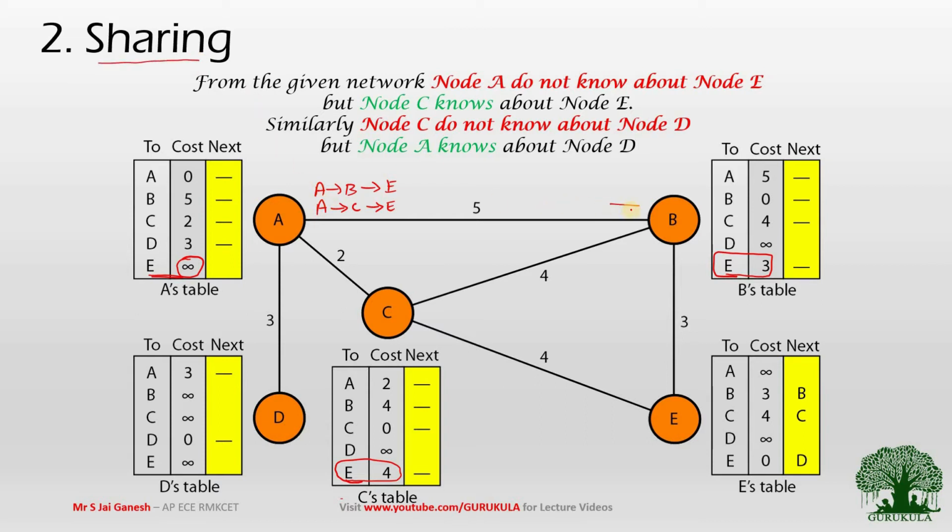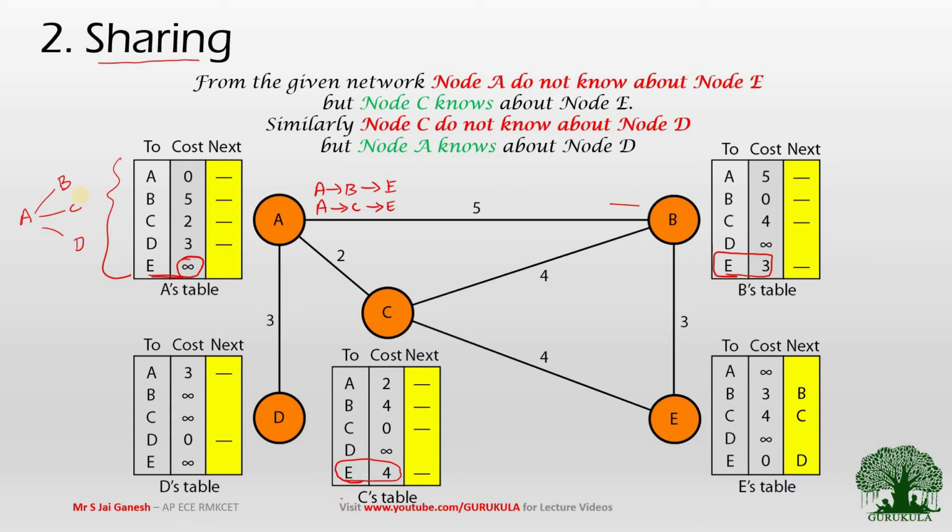So in the sharing stage, each and every node will exchange its initialization table with the neighboring nodes, meaning A will send its initialization table, and this is the initialization table of A, and this copy of the table will be sent to its directly connected nodes. So A will be sending its initialization table to B, to C, and to D, because B, C, and D are the directly connected nodes for A. Based on that, B will be updating its own values, C will be updating its own values.